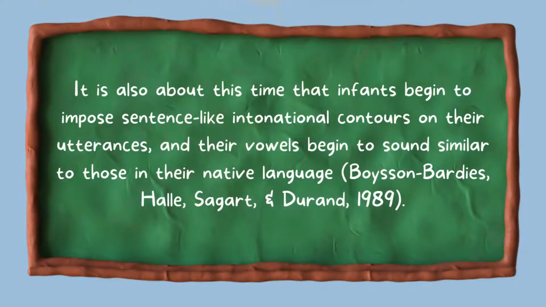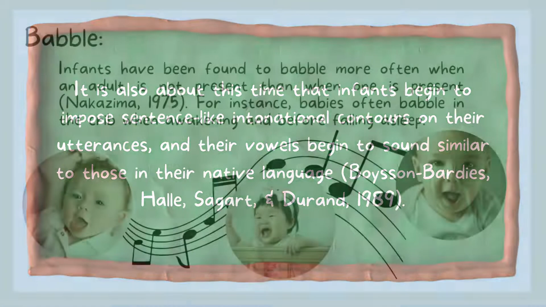It is also about this time that infants begin to impose sentence-like intonational contours on their utterances, and their vowels begin to sound similar to those in their native language.